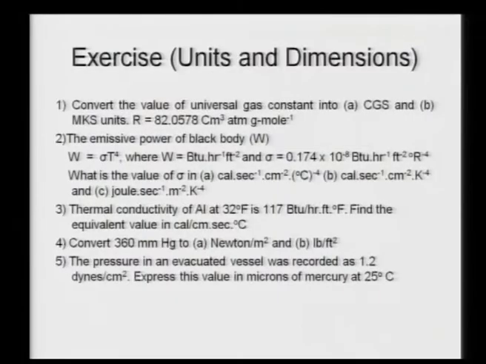Problem 2, the emissive power of a black body, as all of you know, is sigma T to the power 4, where W is given in BTU per hour per feet square and sigma is given to you in this unit. So, what is the value of sigma in A, calorie per second per centimeter square degree Celsius to the power minus 4, B, calorie per second per centimeter square Kelvin to the power 4, and C, joule per second per meter square Kelvin to the power 4?